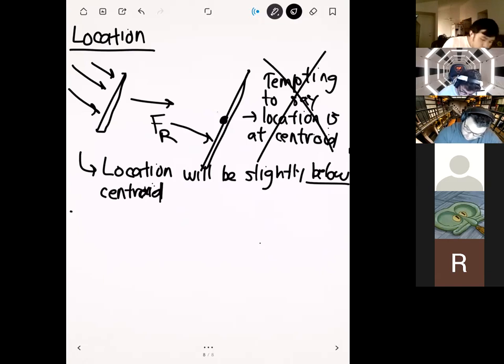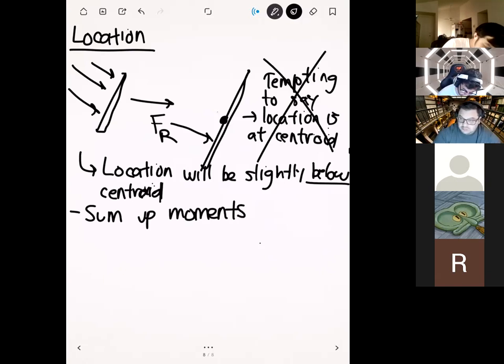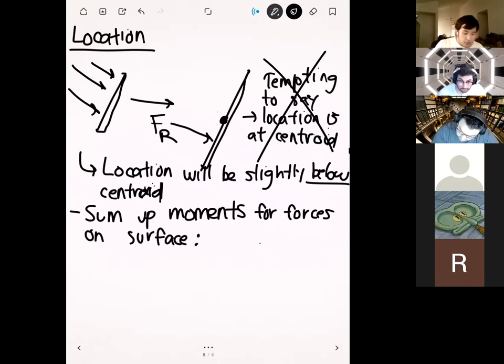And the way that we're going to compute the location is we're going to use a sum of the moments formula. You can think of it this way: we have a static equilibrium situation, so the sum of the forces on the surface has to be 0.